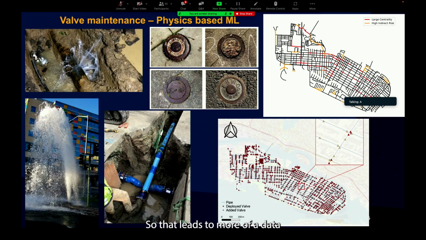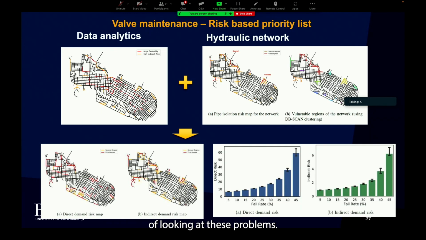So that leads to more of a data analytics and machine learning side of looking at these problems. So we looked at data analytics and machine learning tools, and then a hydraulic network to create, when an earthquake happens, what is the risk of how many valves are not working.